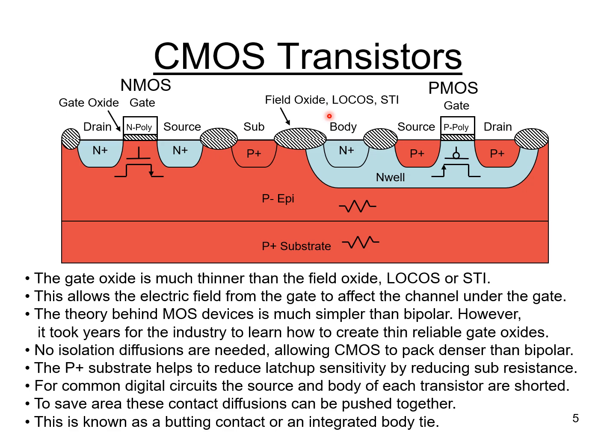The theory behind MOS devices, and we've just touched on that briefly, is much simpler than bipolar transistors. MOS devices are basically majority carrier devices where the electrons are conducted in N regions and the holes are conducted in P regions, as opposed to bipolar transistors, which are mainly minority carrier devices where you have electrons being conducted through a P region and holes being conducted through an N region, and those regions are the base regions.